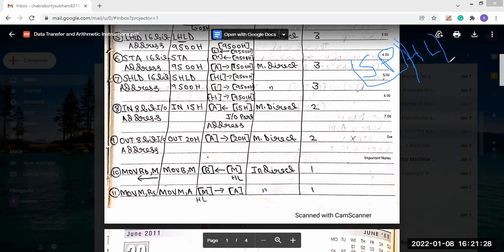It is implicit addressing, because we are only mentioning the opcode and no operand is specified. No numerical value is present, so it is 1 byte. And the last one is XTHL.